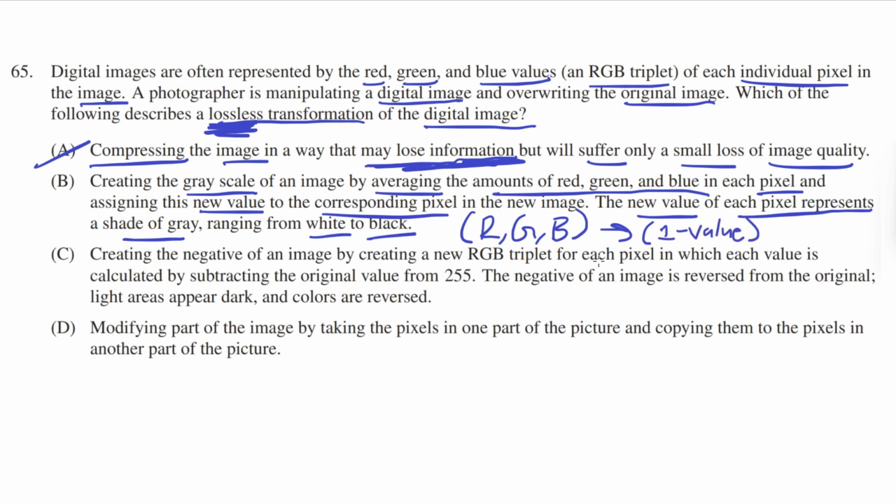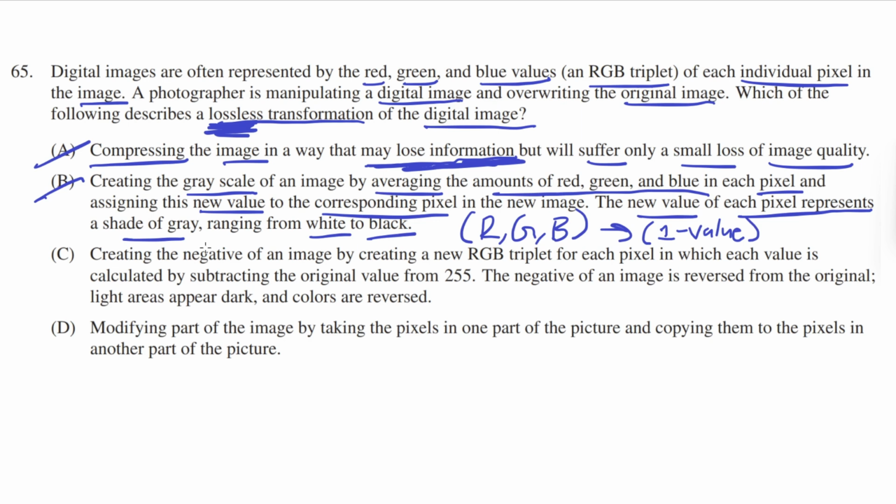What this means is that because we average the values together to create this shade from white to black, we cannot restore the original RGB value. There's no way to go from the average of the three back to the original. So this does not represent a lossless transformation because we're not able to restore the original RGB values.